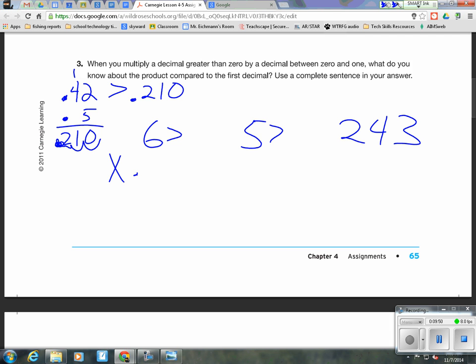If I multiply this times 0.5, it's going to be 3. If I multiply this by 0.2, the answer is going to be 0.1.